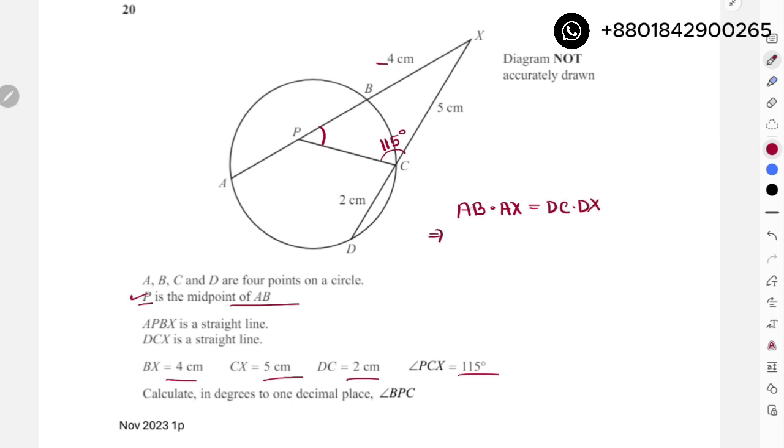From there AB I do not know, but AX is what? Maybe I'll consider AB as X. So if AB is X, then AX is going to be AB plus BX, so X plus 4. So we have X squared plus 4X in that reference. And DX is 2 plus 5, that's 7.